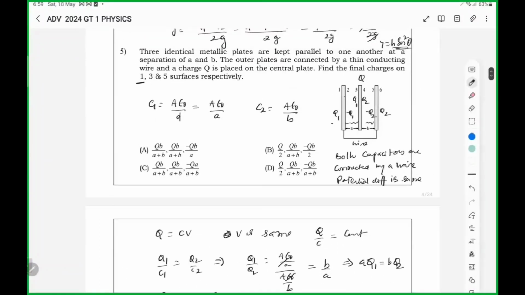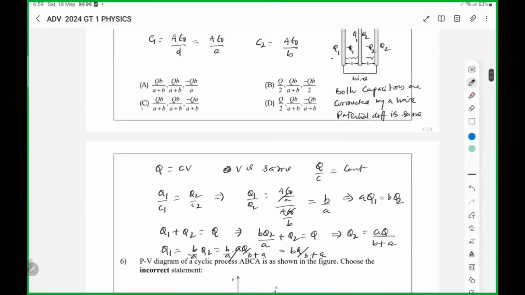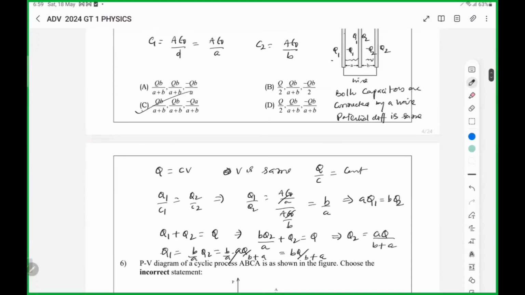So charge on Q1 is BQ by A plus B. At the same time, charge on third surface is also same. So either first option or third option. Now, fifth one is minus Q2. Q2 is this, so third option is suitable.